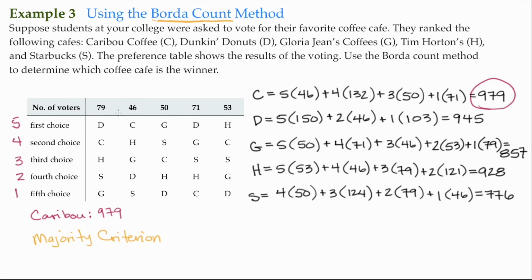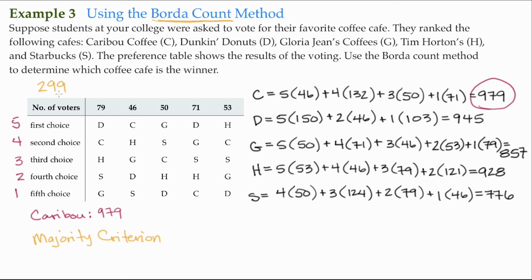So if we look at all the voters here, we have 79 here, 46, 50, 71, and 53. If we add up all the voters, that tallies up to 299 voters. So a majority is greater than 50% of the votes. The majority criterion says that if you get more than 50% of the votes, then you should be declared the winner.